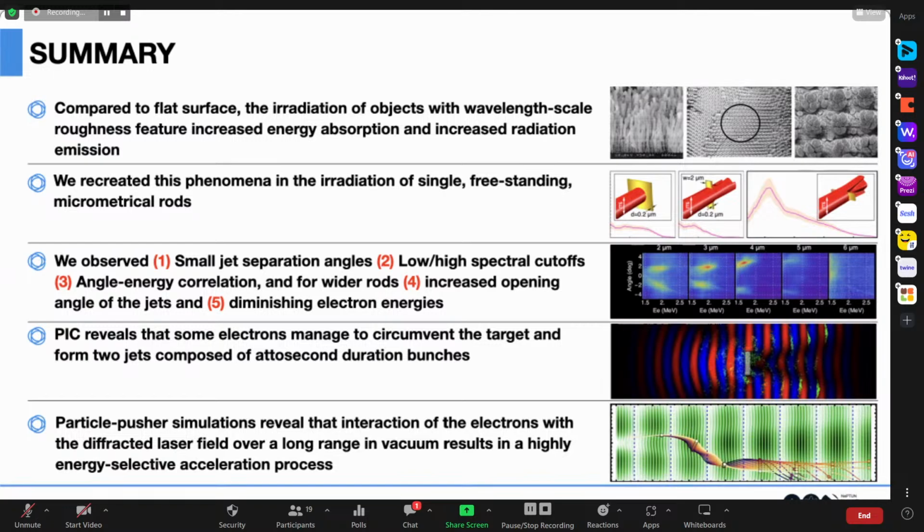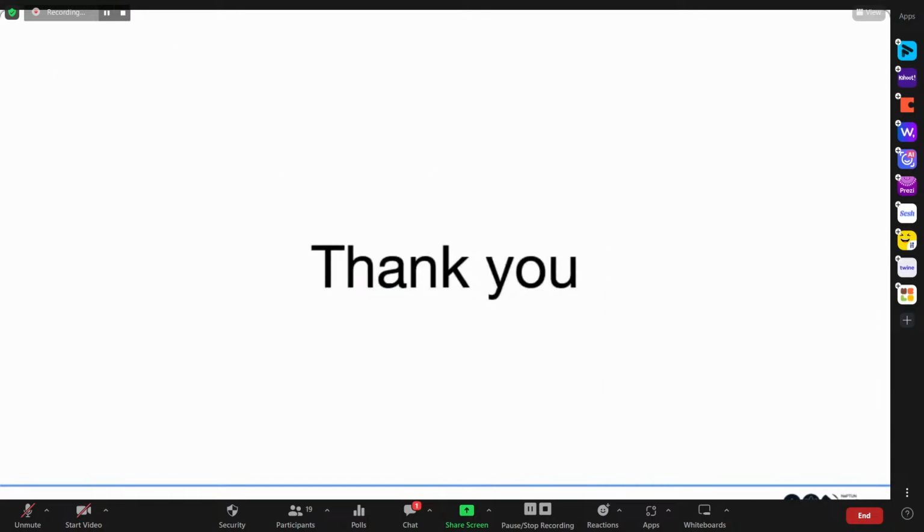And all of the emission characteristics we measure in the lab can be explained by a two-step process. First has to do with the emission, which is a simple extension to Brunel heating for small objects, and then by all kinds of effects that happen when the electrons interact with a laser field over a very large distance in the vacuum. So, thank you.